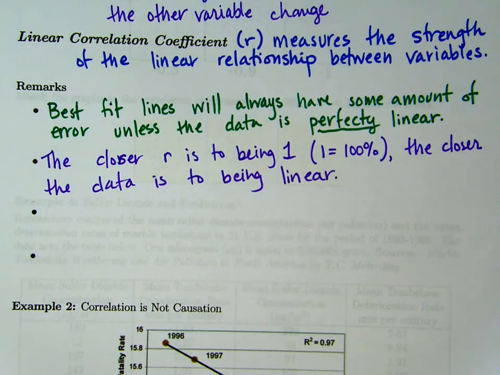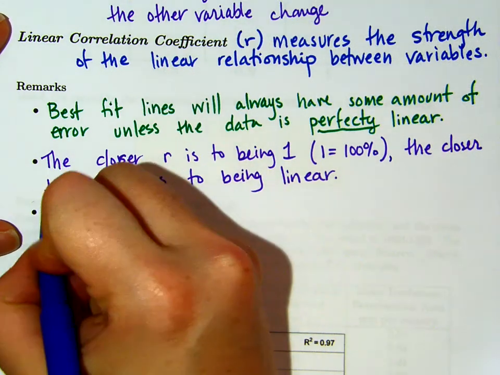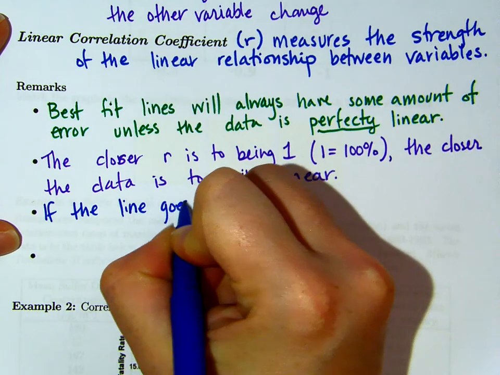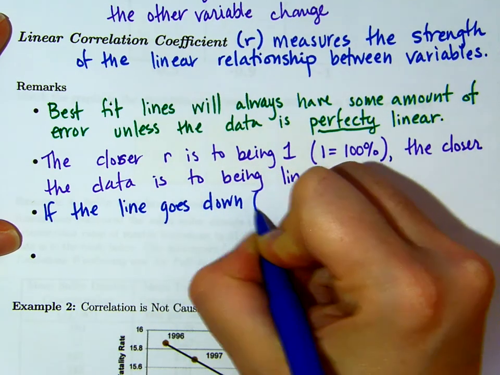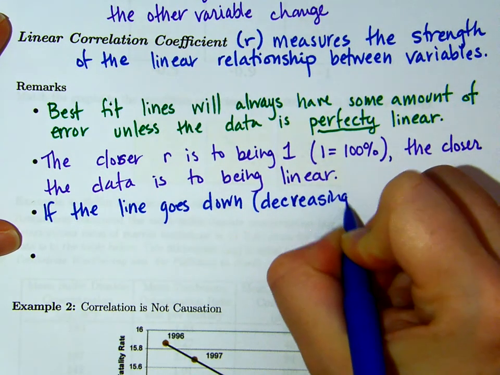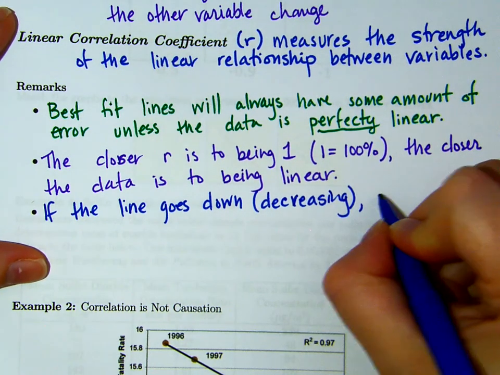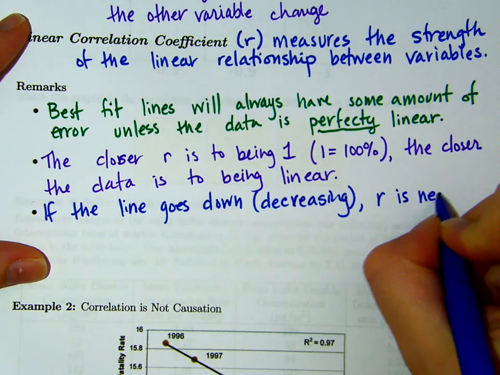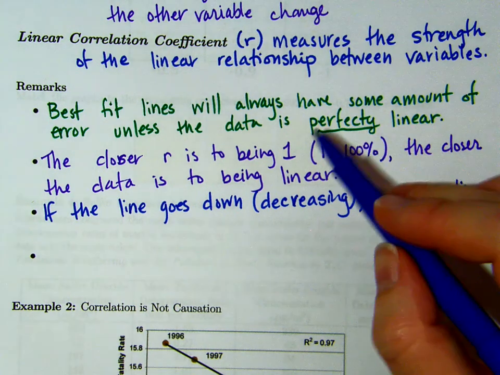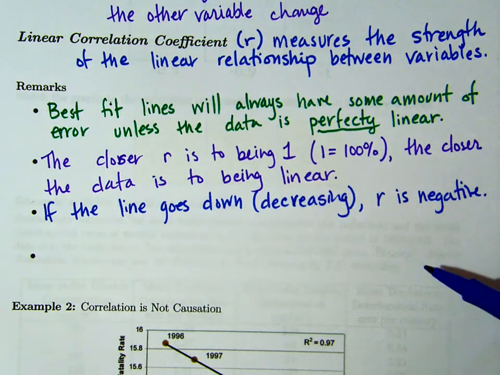Okay. Third remark about this whole process is if the line is going down, R is negative. If it's decreasing, it's negative. So being positive or negative just means the relationship is going down or going up.